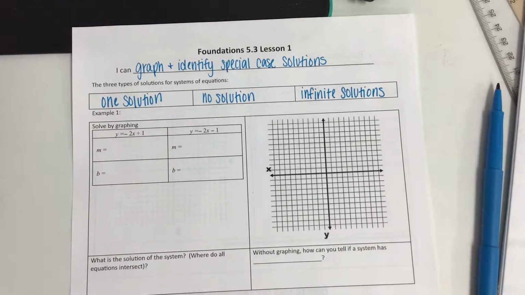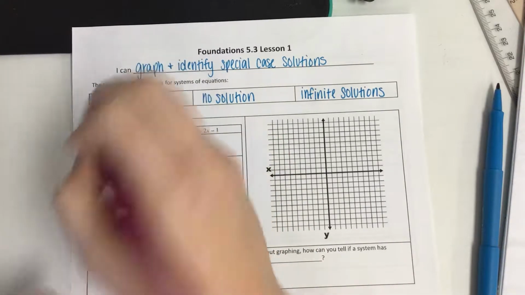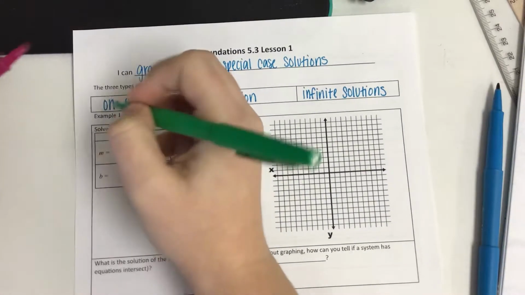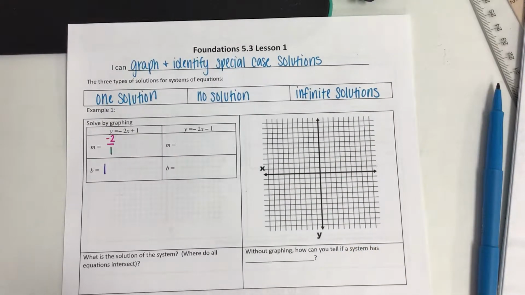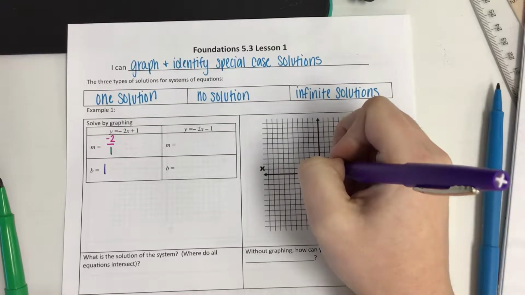So for our first equation, y equals negative 2x plus 1, our m is going to be negative 2 over 1, and our b is going to be positive 1. Whenever we graph this, we're going to begin our graph at positive 1.